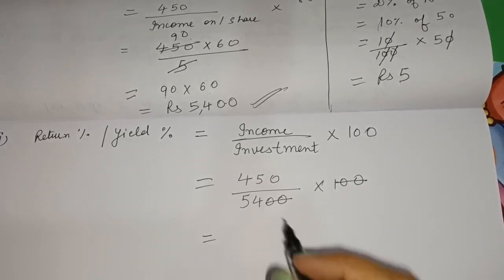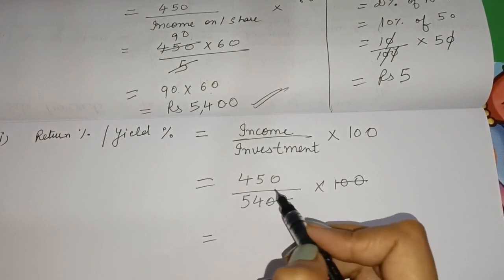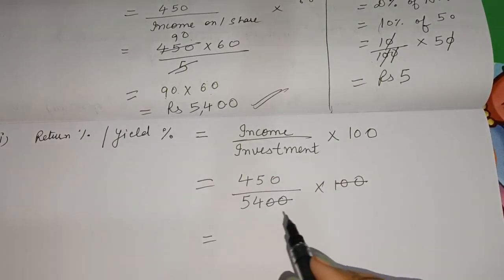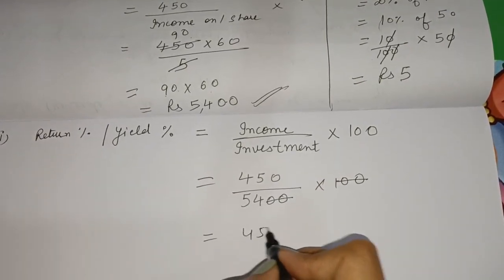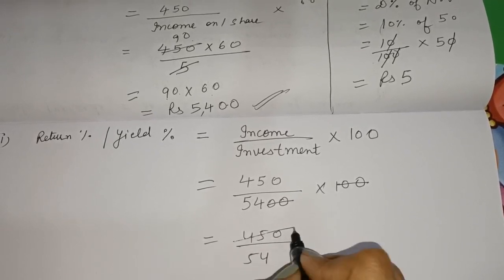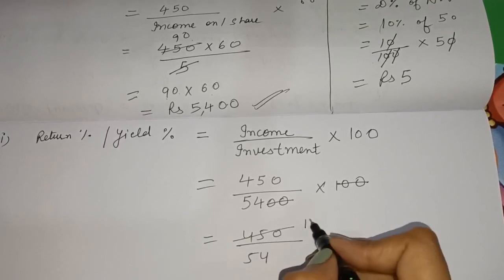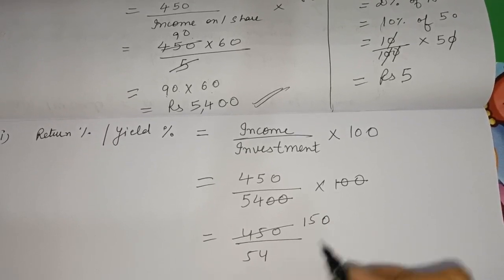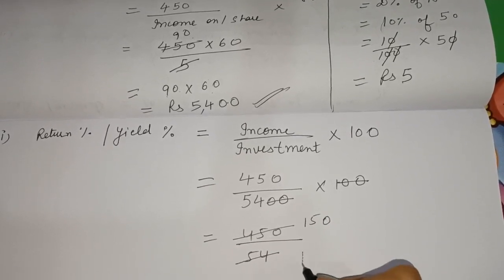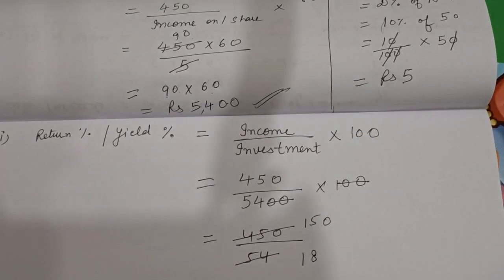On 6 table, on this table we can do cancellation. On 3's table we can do 450 into 54. Again on 3's table we can do.